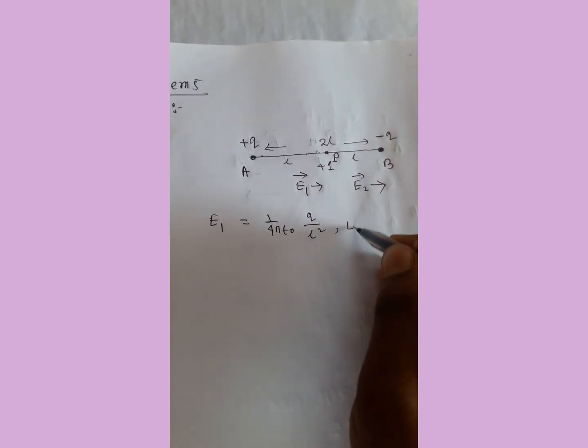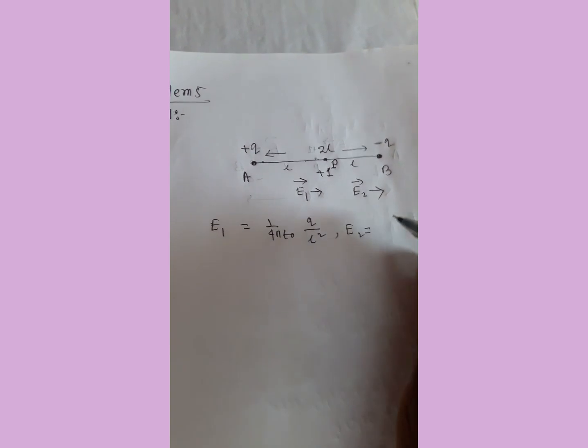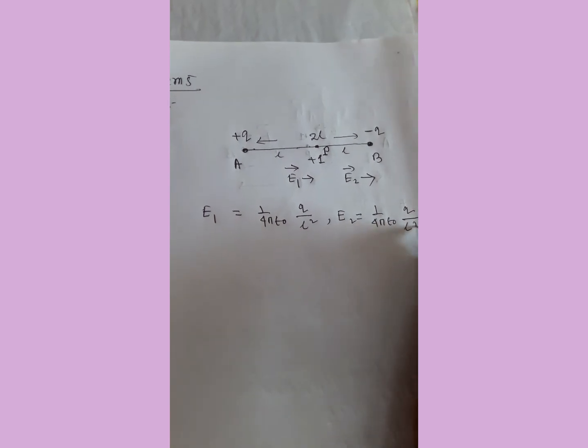Similarly, E2 equal to 1 by 4 pi epsilon naught, q by l square.